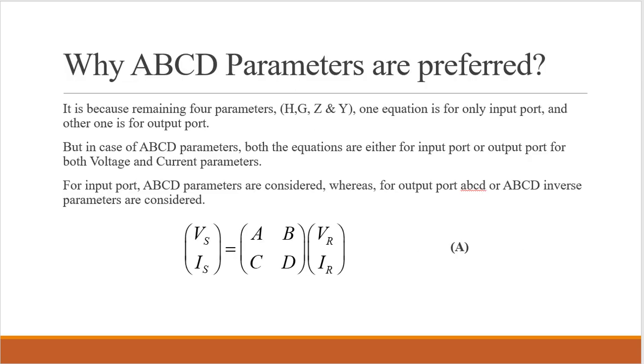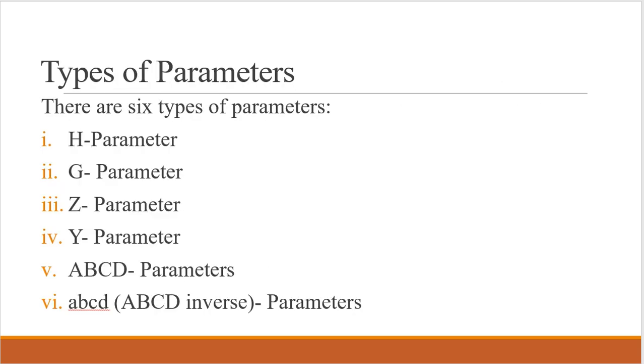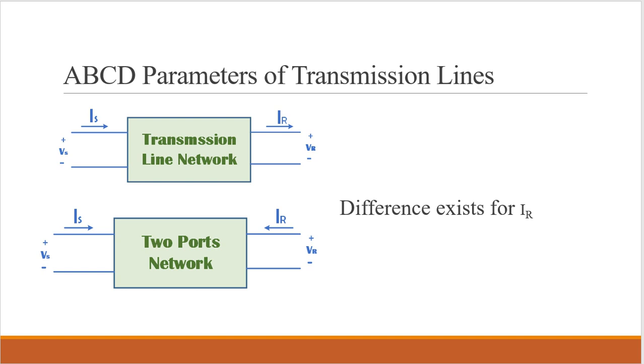You can see that otherwise it would be AVr plus BIr, and likewise CVr plus DIr. The minus sign represents the transmission line, because the direction of Ir is opposite to that of the two port network.